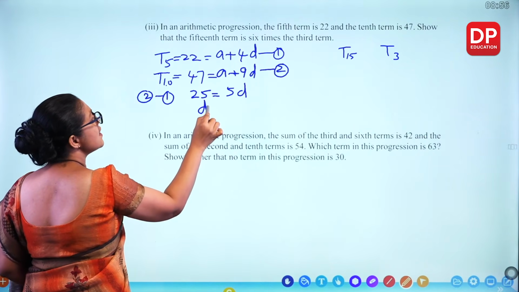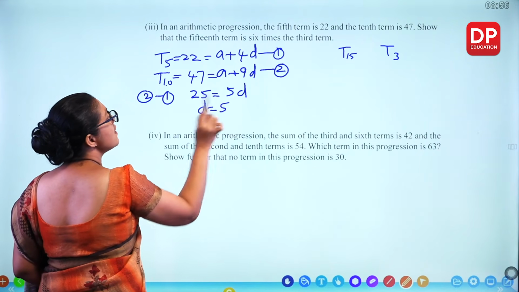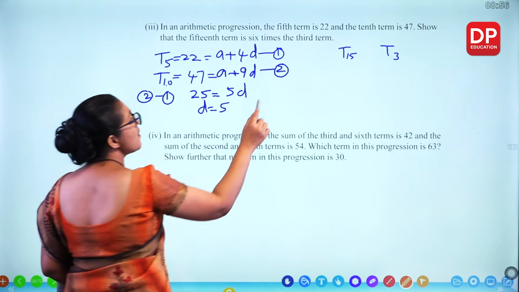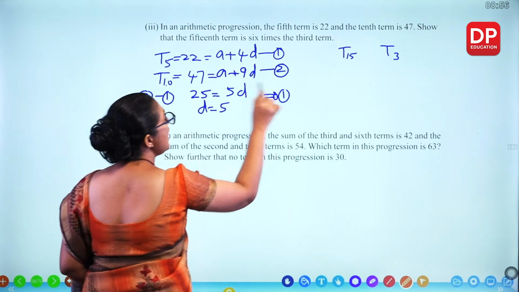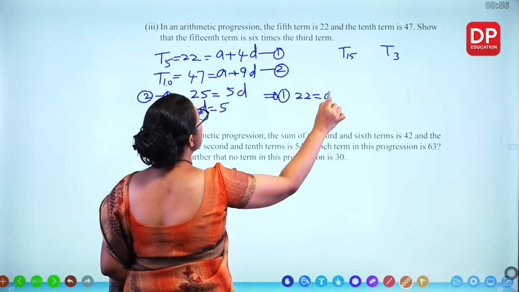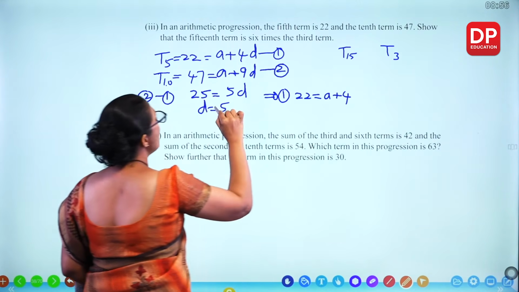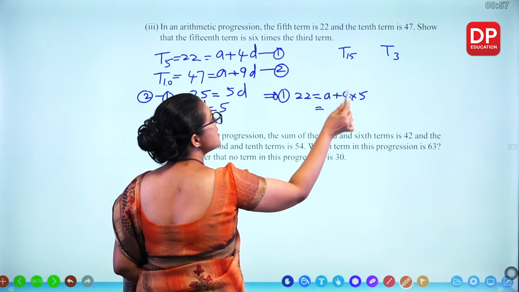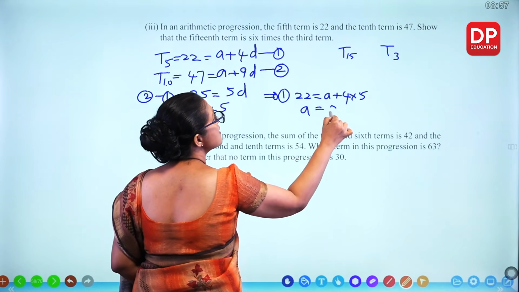So what's d? 25 divided by 5 is 5. Now plug it into the first equation or the second one to get a. I'll take the first one. 22 equals a plus 4d, 4 times 5.